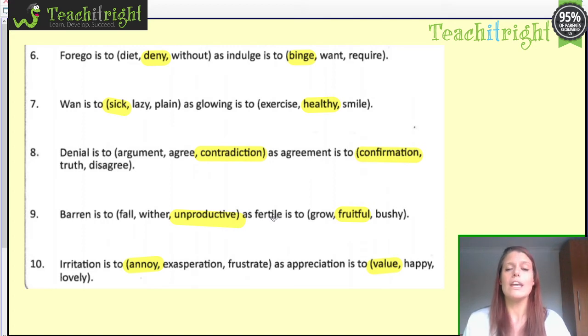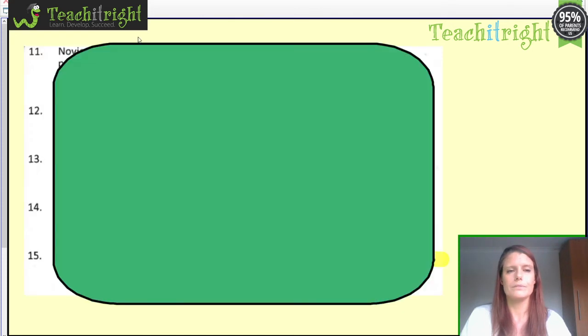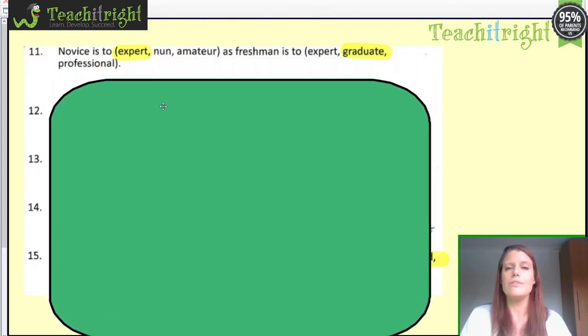Irritation is to annoy, as appreciation is to value. If you appreciate something or somebody, you value, you treasure it. Novice is to expert, as freshman is to graduate. Now, these are interesting terms that you might not have heard of.